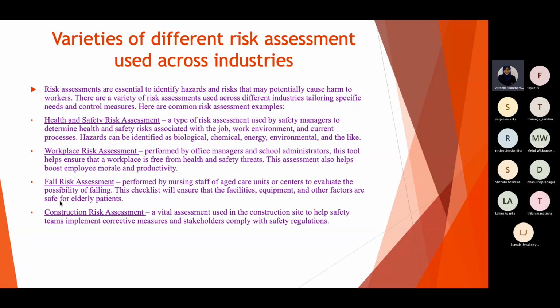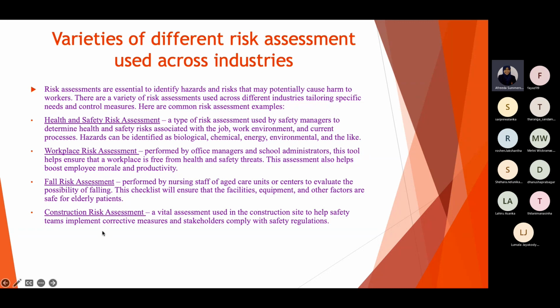And fall risk assessment is usually about the possibility of falling, depending on people who are disabled, or older people, or who have a problem walking and need crutches. Those are the things of fall risk assessment.